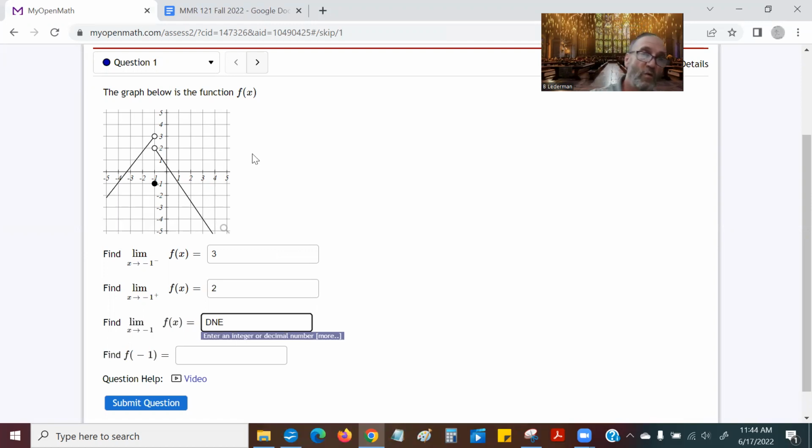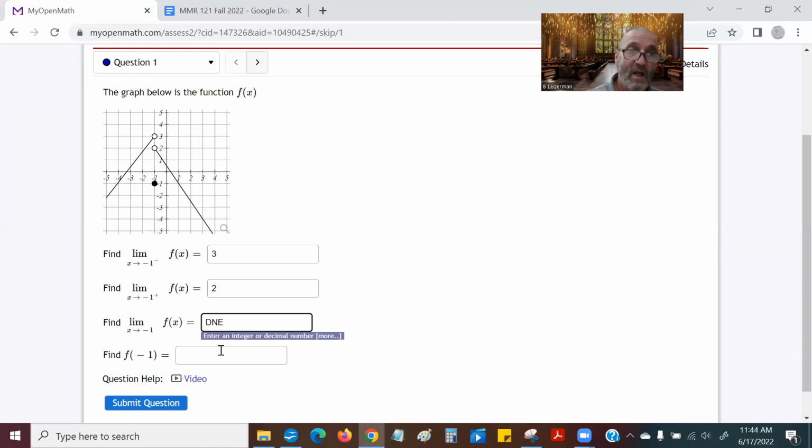If I just ask what the y value gets close to as x gets close to -1, I can't answer that question, because on one side it gets close to 3, and on the other side it gets close to 2.